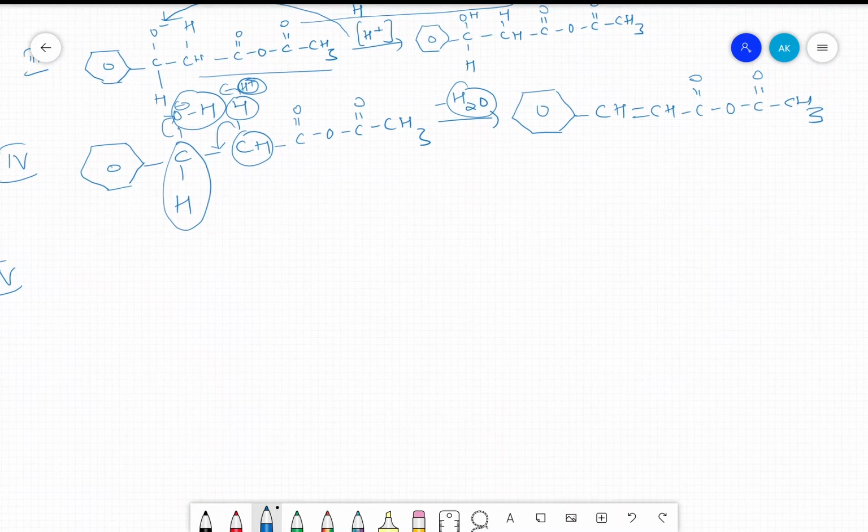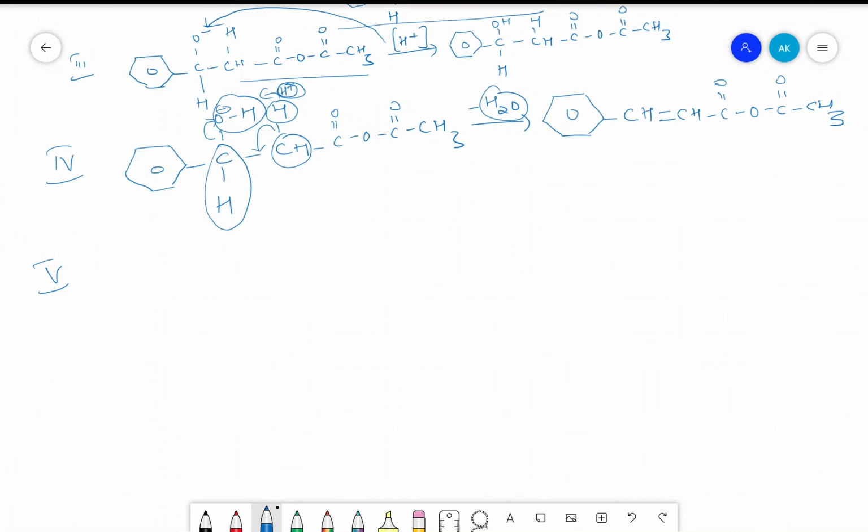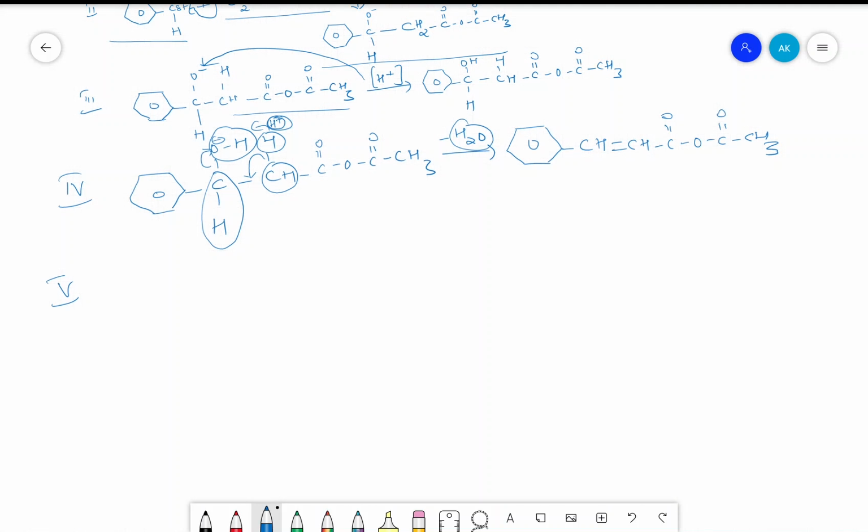Hydrolysis is breaking in the presence of water. So I'm going to write this reaction once again. CH double bond CH, C double bond O, O C double bond O, CH3, undergoes hydrolysis in the presence of water, that is H OH.